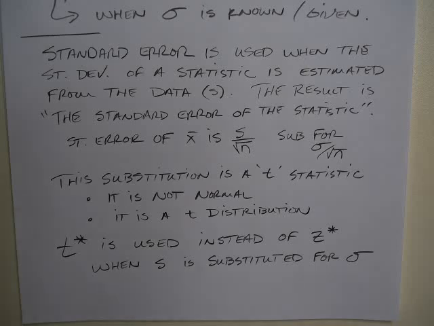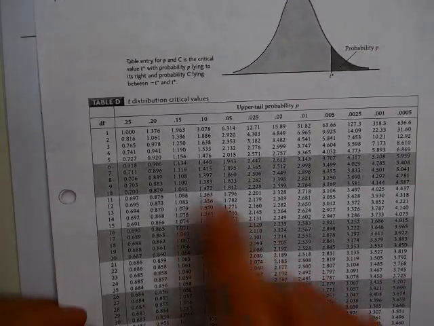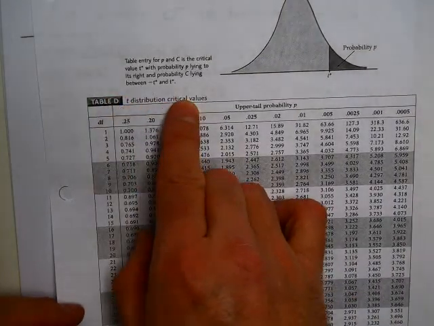And when we need to use T star, we use this table, the T distribution of critical values.